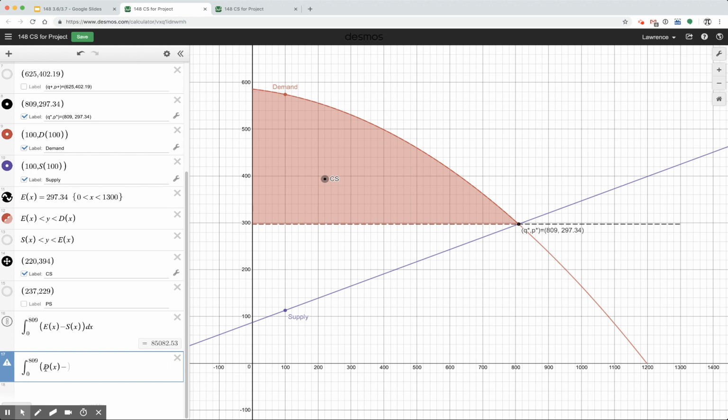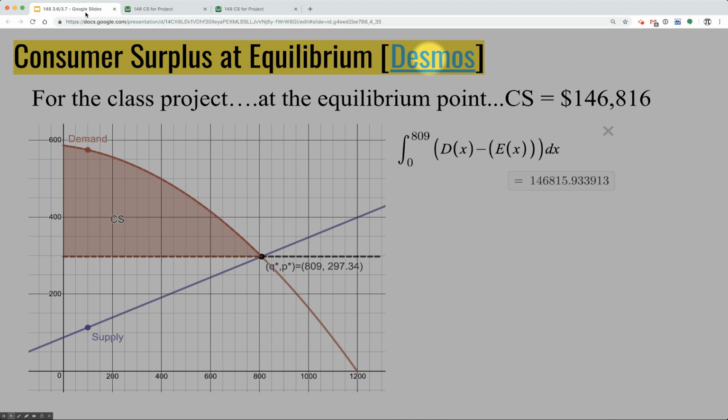Then I take away the area below the equilibrium price function. So that's D minus E. So here's demand minus E. When I subtract those two functions and integrate with respect to x, dx, it gives me 146,816. And again, if I go back to here, that's exactly the number that I got.